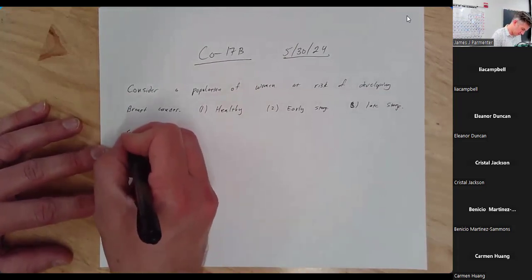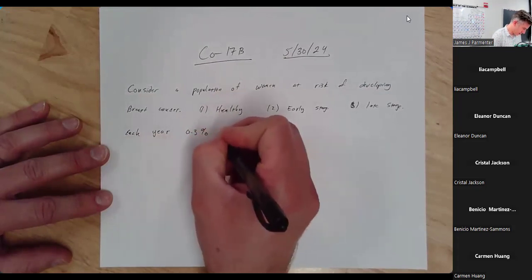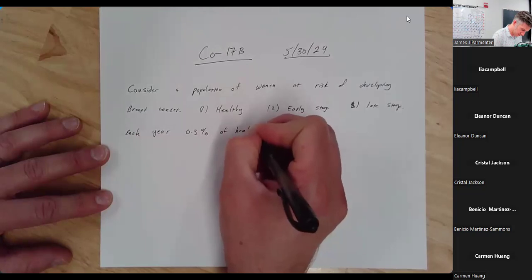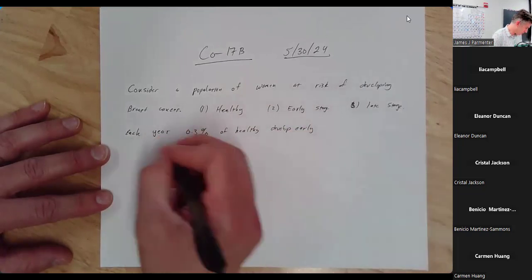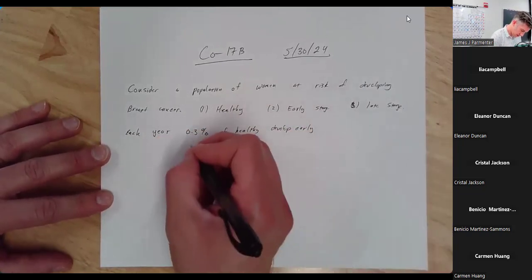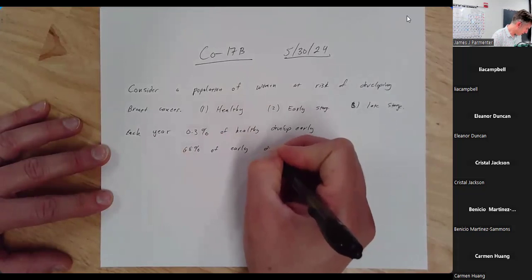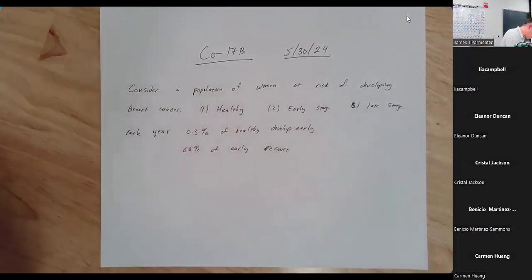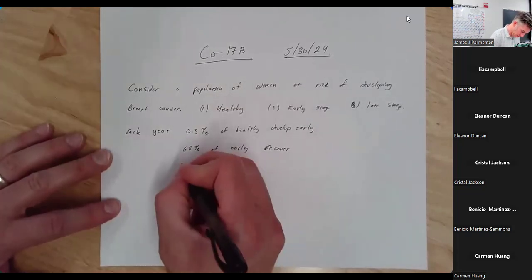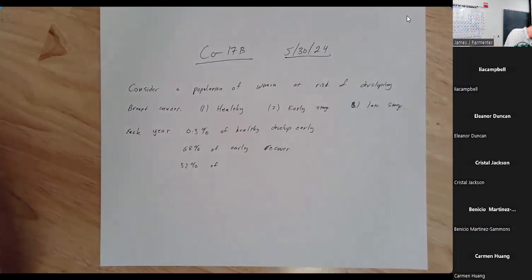Each year, 0.3% of healthy women develop early stage, with the rest remaining healthy. 68% of early recover. And 32% of early develop late stage.